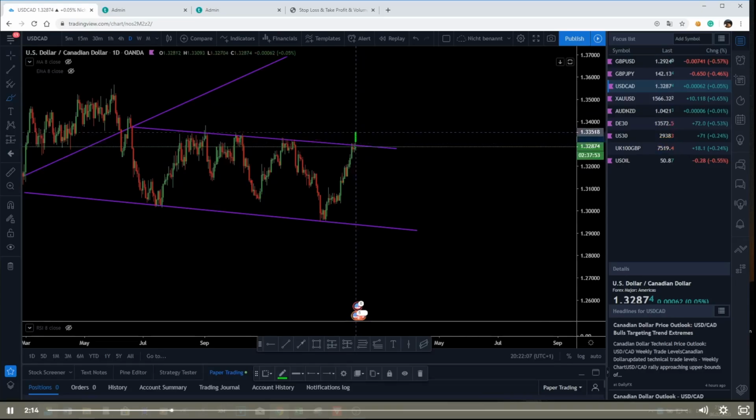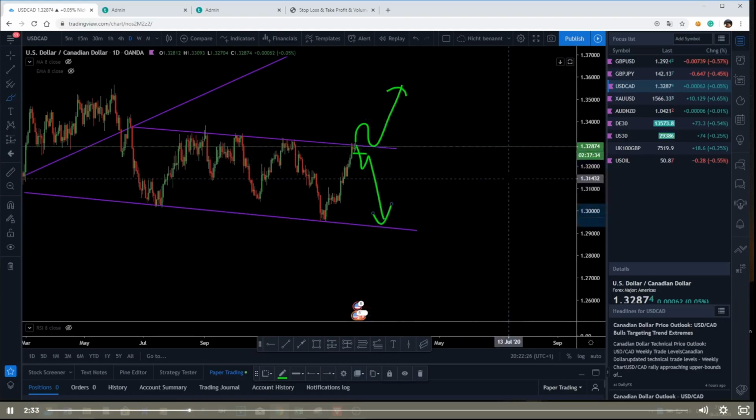So maybe we will see a breakout, come back, and then do something like this. Or we can see price breaking this resistance over here, breaking through, coming back, going down to this side. So these are the two scenarios we are watching.